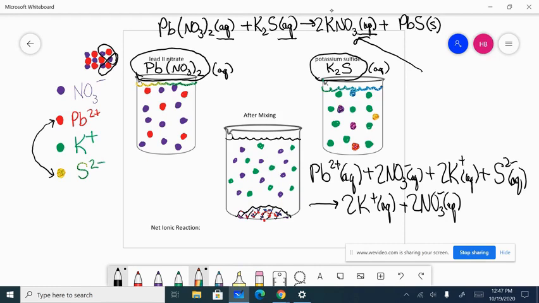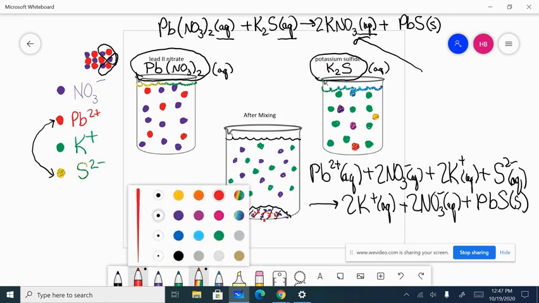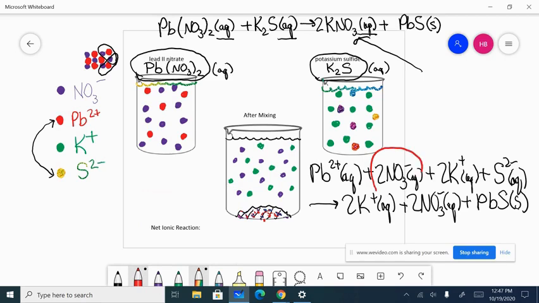Remember, I only break up strong acids and ionic compounds when they're followed by AQ. So PbS, anything that's followed by solid, liquid, or gas, you just rewrite it as is. Now I'm looking for things that do not change. So anything that is exactly the same on the reactant side as it is on the product side are not really reacting.